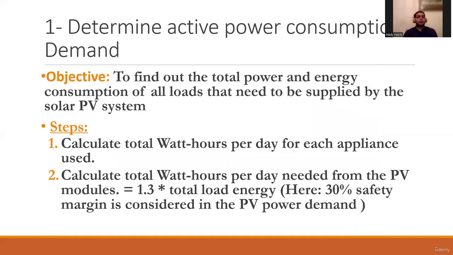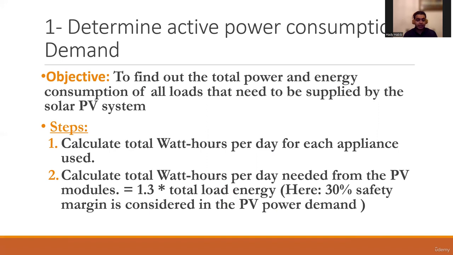Well, in order to determine the active power consumption demand, we need to set the objective, which is to find out the total power and energy consumption of all loads that need to be supplied by the solar PV system. The steps that we are going to follow are to calculate the total energy consumption per day, total watt hour per day, for each appliance used, or each load used.